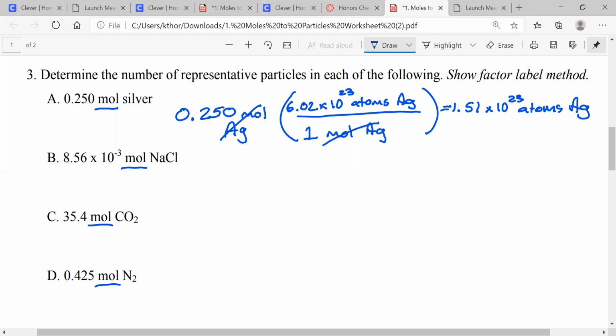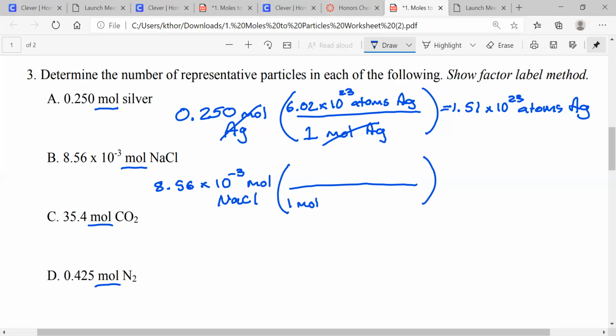Next problem. We have 8.56 times 10 to the negative third moles of sodium chloride. Sodium chloride is an ionically bonded compound. So on 3B, your unit of measurement is going to be formula units. So we have 1 mole of sodium chloride, which is table salt.